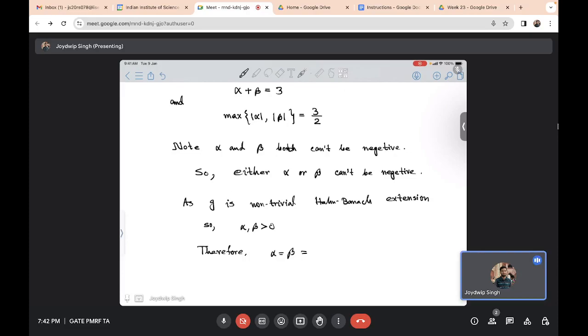Also alpha, beta can't be 0, right? From here, if alpha is 0, then alpha or beta can't be 0 also.